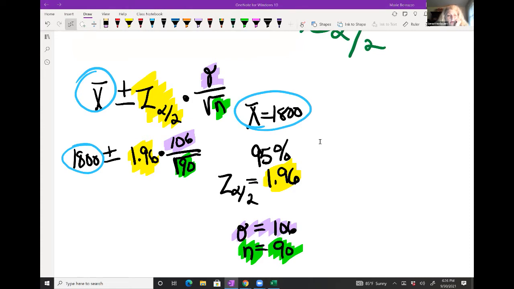Make sure you have this written down because this is a good start to this question, and then we can do some more, and you'll feel like a pro by the time we're done, hopefully. That's our goal.